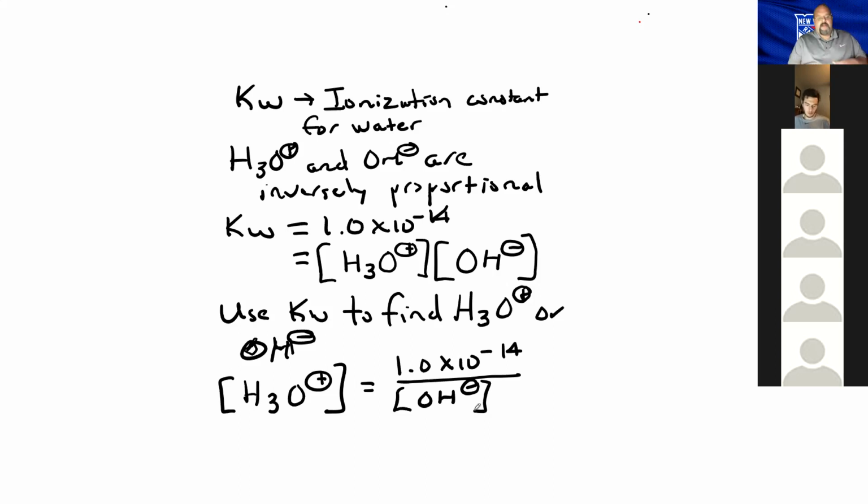Because if you have Kw being equal to the amount of H3O plus times the amount of OH minus, algebra tells us if we divide both sides by OH minus, then we can solve for H3O plus. So the amount of H3O plus would be equal to 1.0 times 10 to the minus 14th divided by the amount of OH minus.